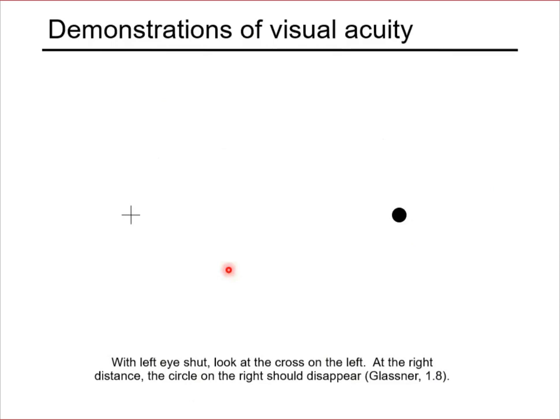If you close your left eye and use your right eye and look at the screen, at a certain adequate distance, you will see the black circle disappear, because the region of the black circle is exactly your optic nerve spot. It is the blind spot.